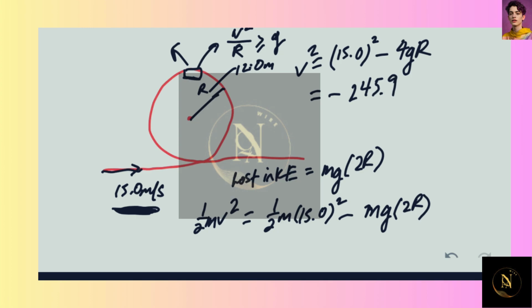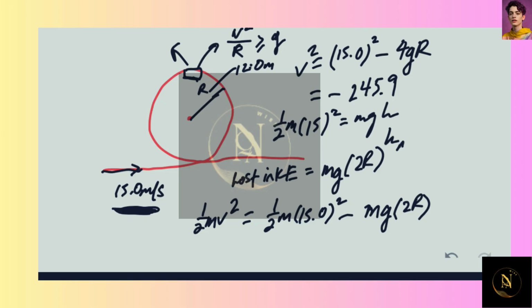So in fact, it is not possible for the roller coaster to actually reach the top, because the maximum height it can go would just be half m times 15 squared equals mgh.